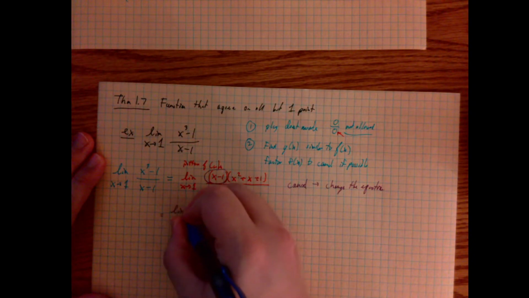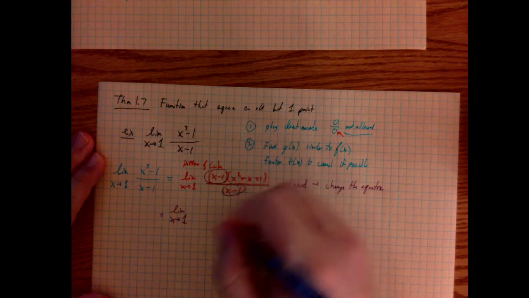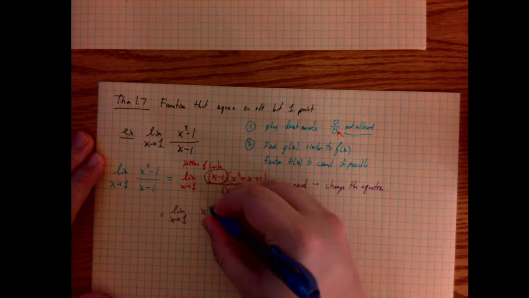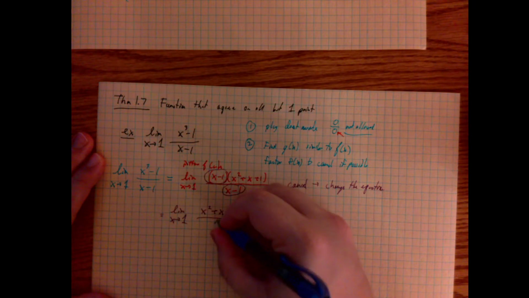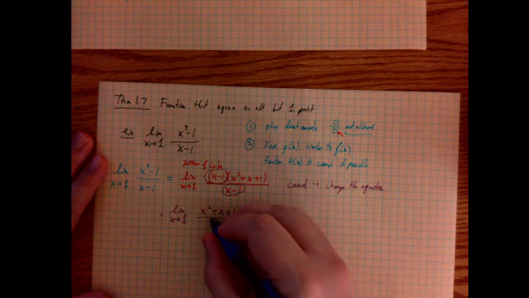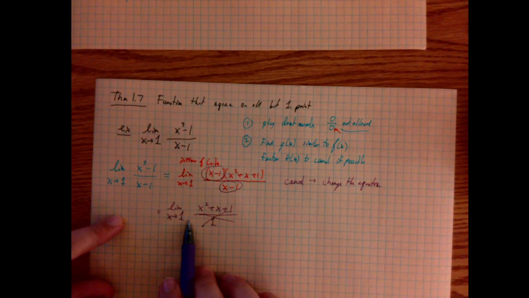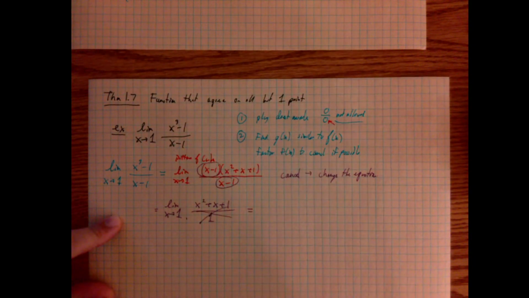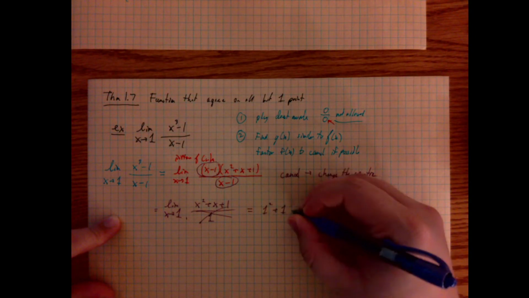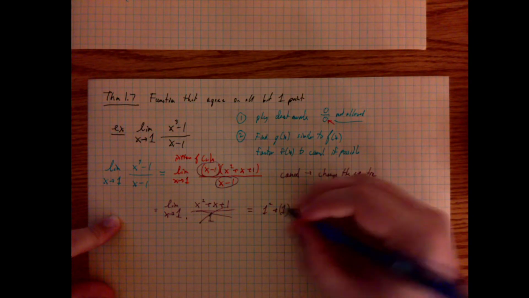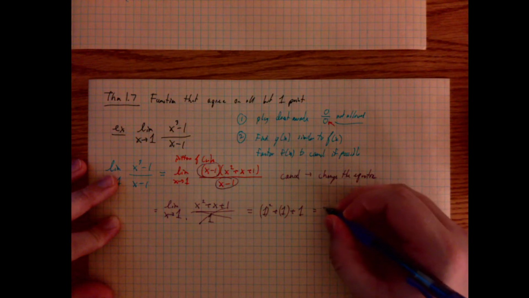This is equal to the limit as x approaches 1, and if I cancel the x minus 1 and the x minus 1, on top I end up with x squared plus x plus 1 over 1, or you could just write the top by itself. Now if I plug in 1, I do get an answer because it's a polynomial. I get 1 squared plus 1 plus 1. These two 1s are from the limit, this one is from the equation, and I end with an answer of 3.